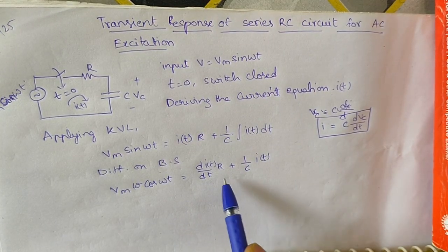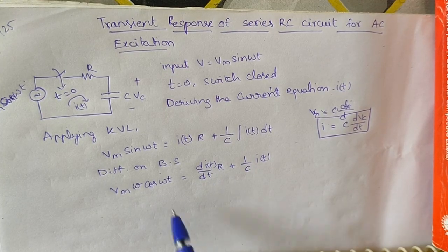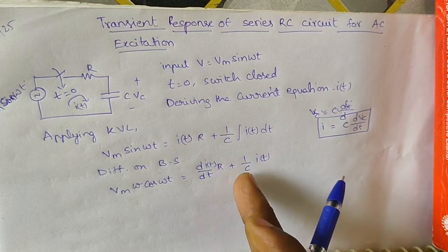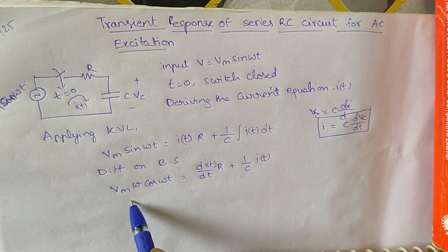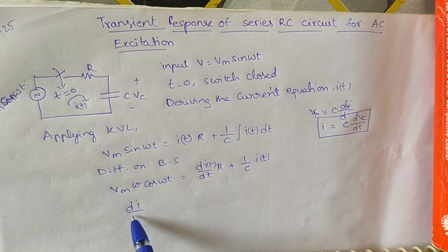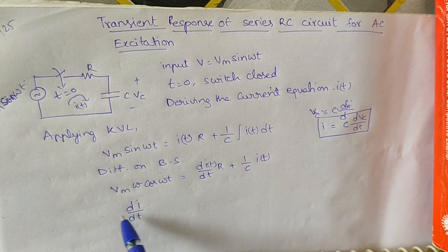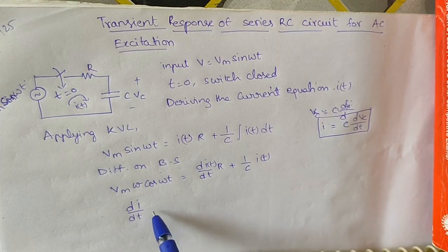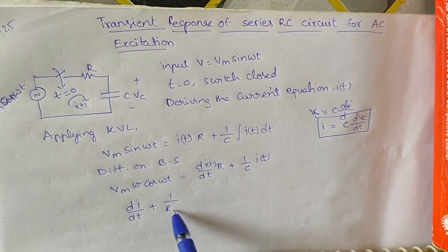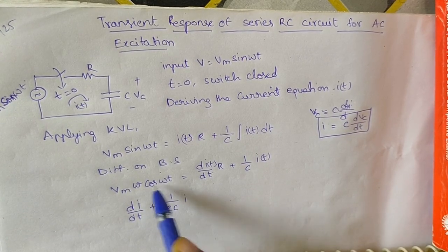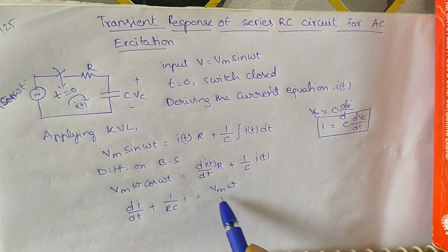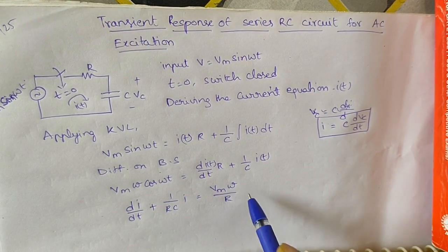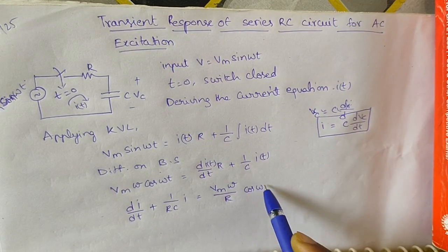Now dividing by R on both sides, and writing the differential equation on the left side: di by dt, we divided by R so R gets cancelled out, plus 1 by RC times I is equal to Vm omega by R cos omega t.